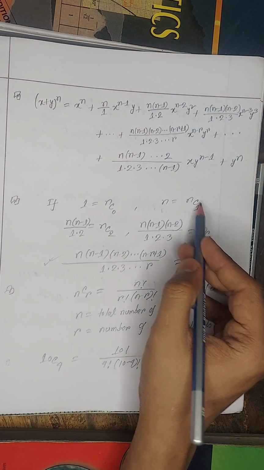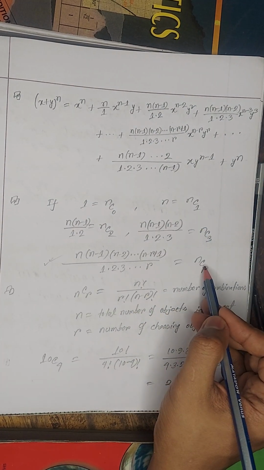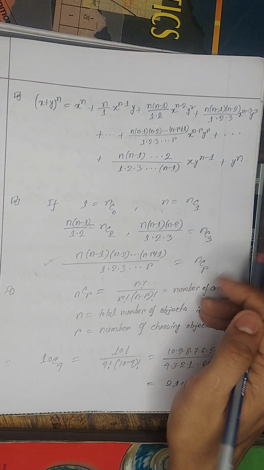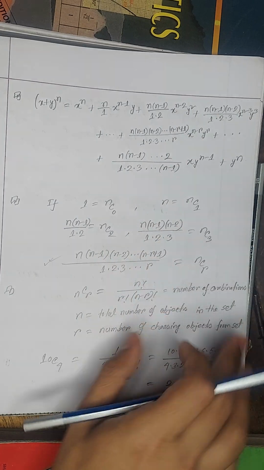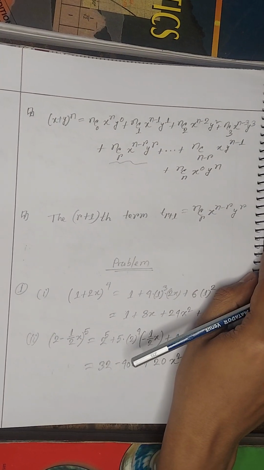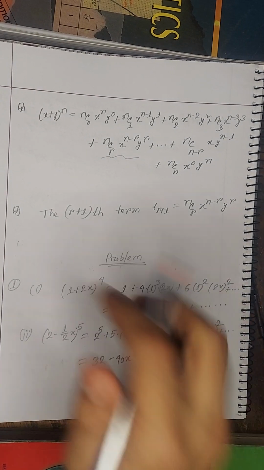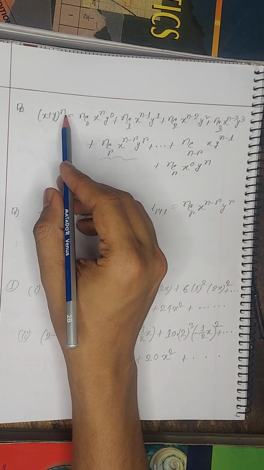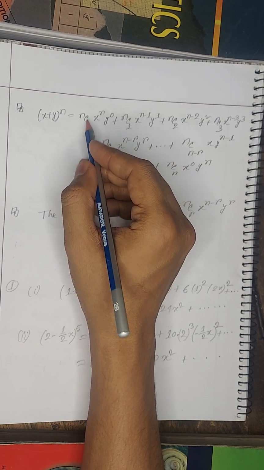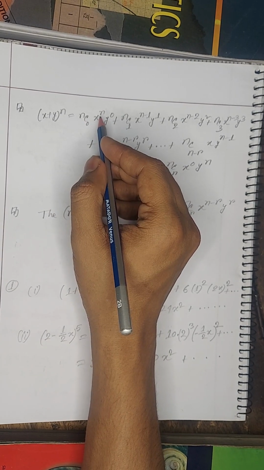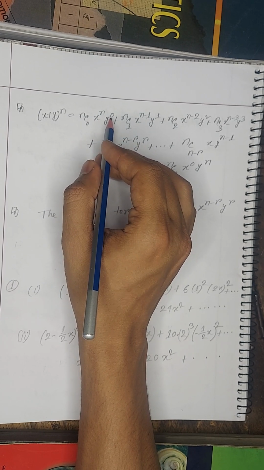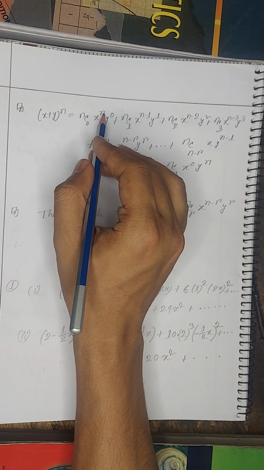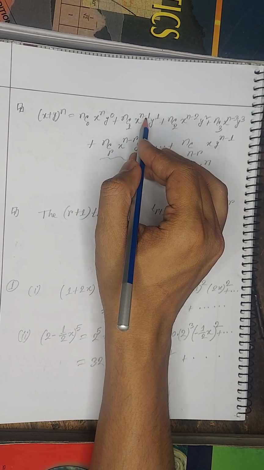If we put this combination formula on this expansion, we will get another formula here, which is this one. Here we see that for x plus y to the power n, we will get nC0, and gradually the power of y will increase, and the power of x will decrease.